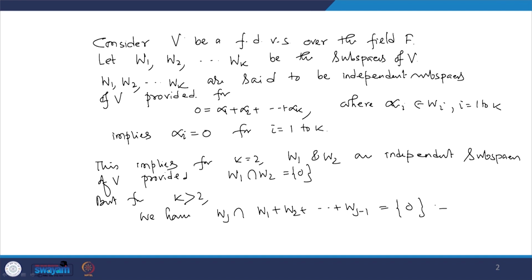We are defining independent subspaces of a vector space as saying that for any Wj, for j greater than or equal to 2, Wj intersection W1 plus W2 plus Wj minus 1, the sum of subspaces W1 to Wj minus 1 intersected with Wj, equals the 0 subspace.